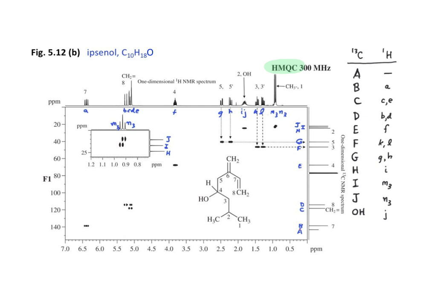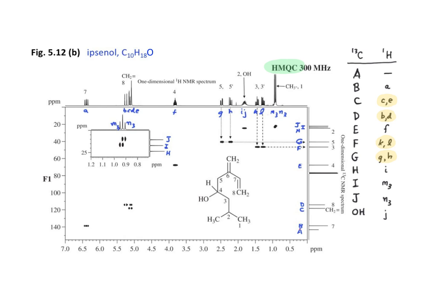What is truly valuable about doing the HMQC prior to the proton-proton correlation experiment is that if we know that two chemically non-equivalent protons are attached to the same carbon, that provides a great deal of simplification in deconvoluting the proton-proton correlation experiment.